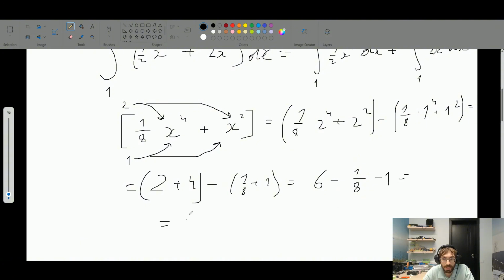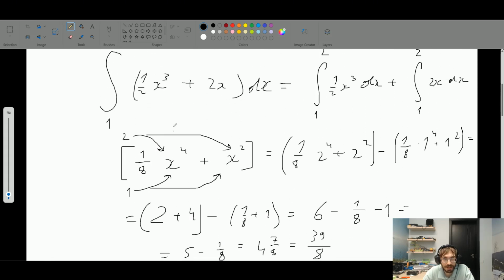So it will be 6 minus 1 is 5 and minus 1 over 8. 5 minus 1 over 8, and that will be either 4 and 7 over 8, or you can say it as an improper fraction, 32 plus 7, 39 over 8. And that's done for this definite integral.